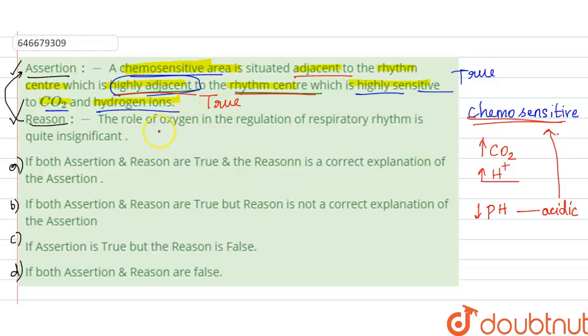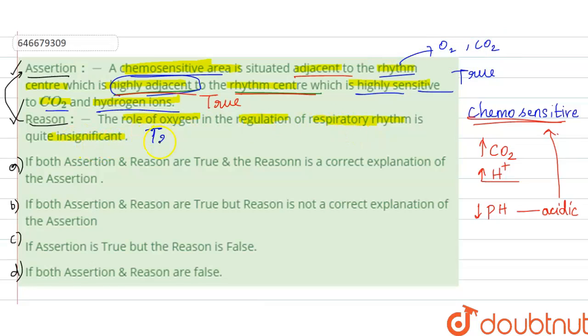What the reason says: the role of oxygen in the regulation of respiratory rhythm is quite insignificant. What is the rhythm center? I forgot to discuss that. It is maintaining the oxygen and carbon dioxide rhythm pattern. So the reason says that the role of oxygen in the regulation of respiratory rhythm is quite insignificant.